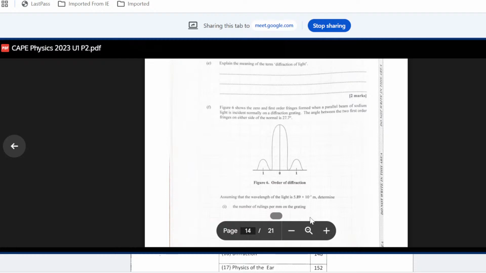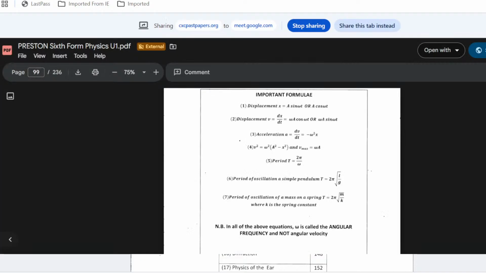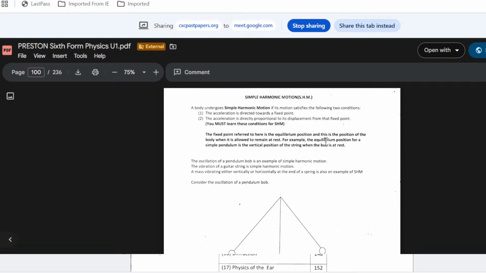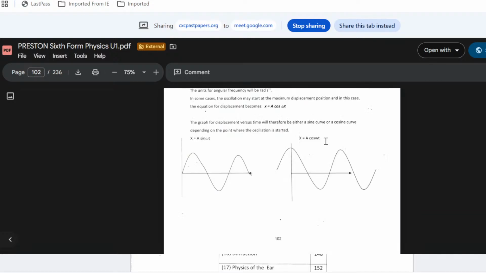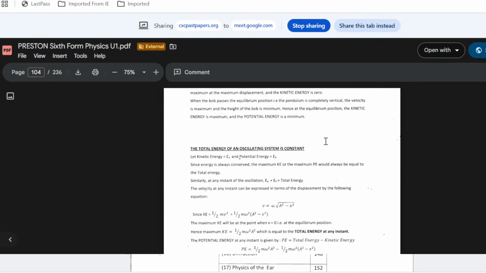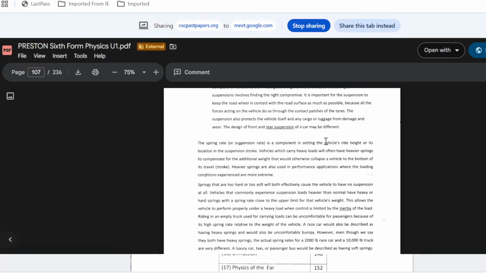All right. Now to the calculation. So as it relates to diffraction grating, let me go to the equations for that one.